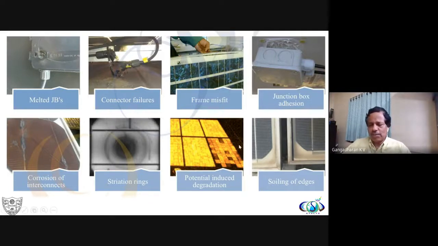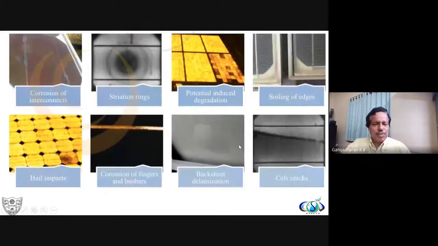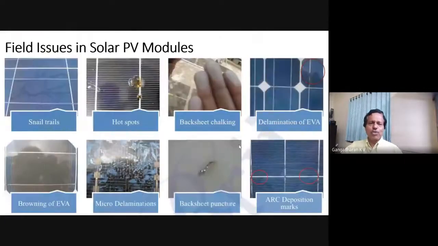Of course, the soldering defects, then the hail impacts, some external particle coming and hitting, corrosion of finger brushes, the back sheet delamination, because all this has an effect on the entire cell itself. Then also the cell cracking. So I've just listed quite a few faults.